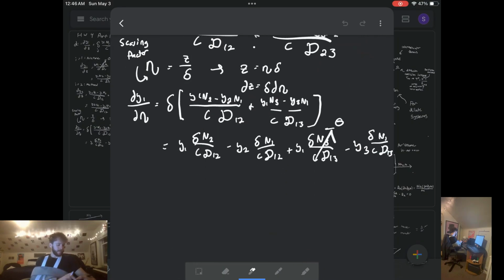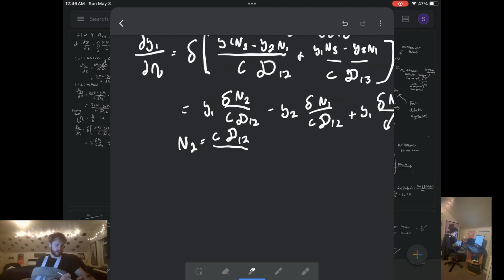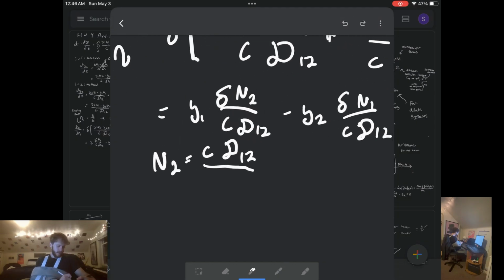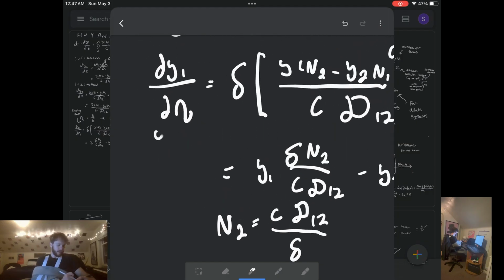So to solve for the flux of our methanol, N2, we'll get C times our diffusion coefficient divided by our boundary thickness, because this y1 term is going to be about 1, same with this.